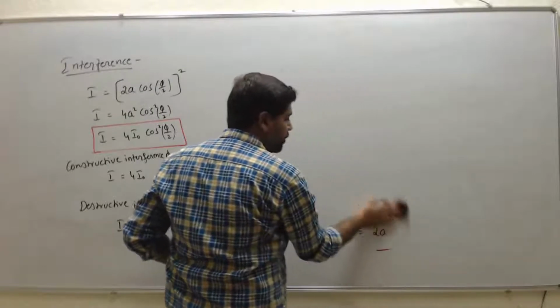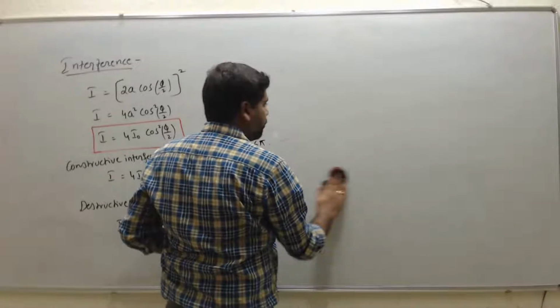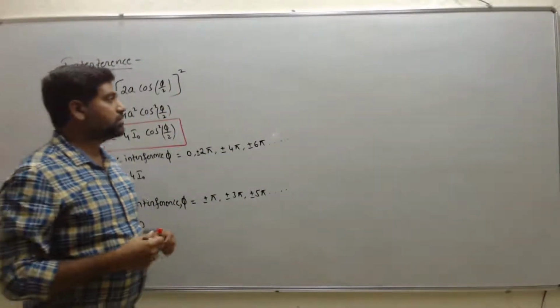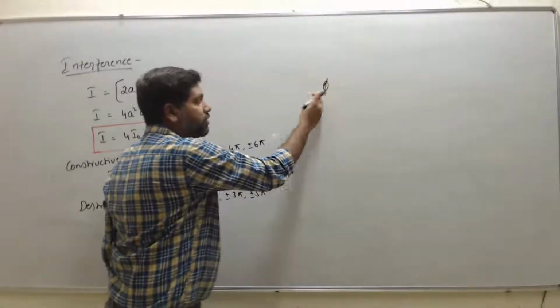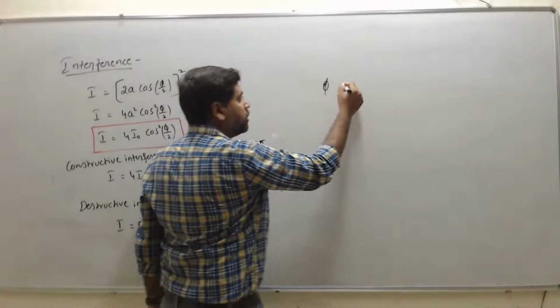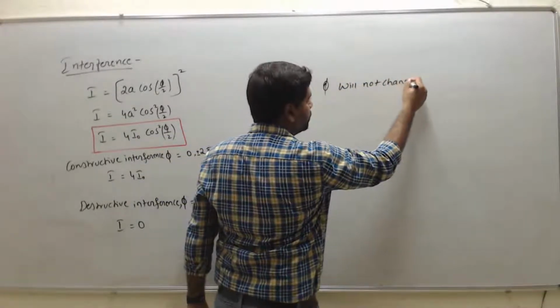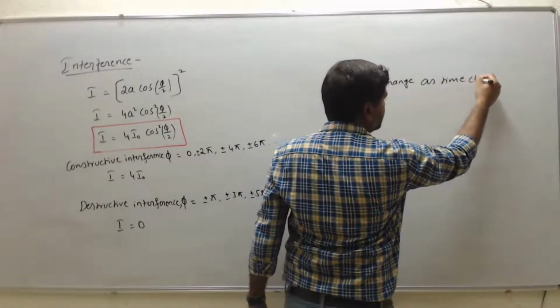That is, if the phase difference remains constant, that is the phase difference will not change with respect to time. So as time passes, the phase difference will not change. I will write the phase difference as phi. Phi will not change as time changes.